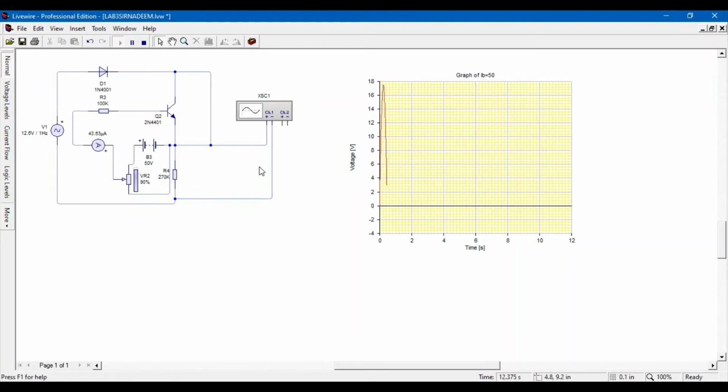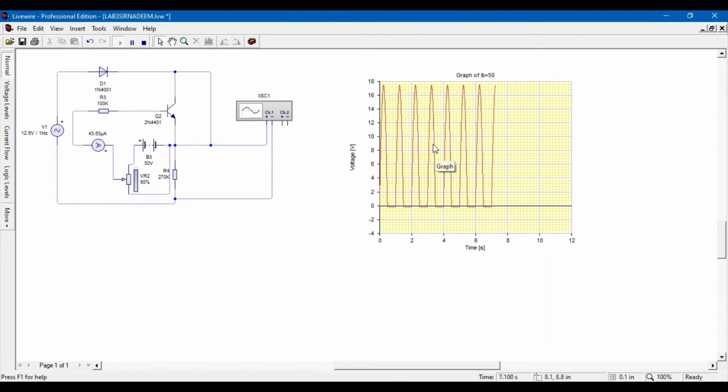This is the nearest that I can get. As shown here is the circuit when IB equals 50.